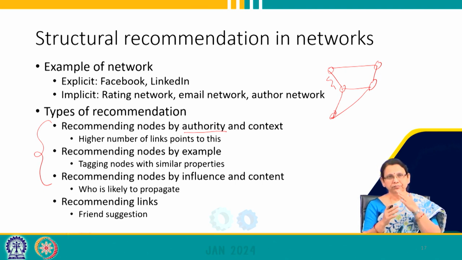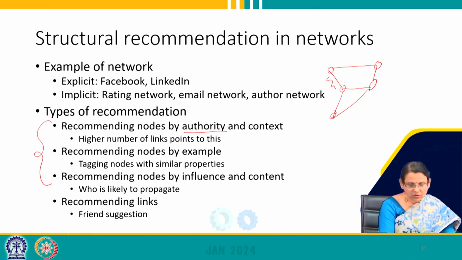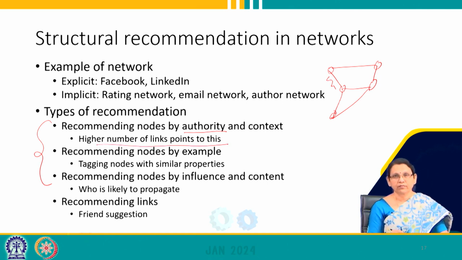Similarly, let us say for a certain product, some film star whom many people are following is telling something. Then this idea has to be quickly propagated to the other users in that community who are following this particular user. So, these are some of the nodes with a high number of links pointing to the node.